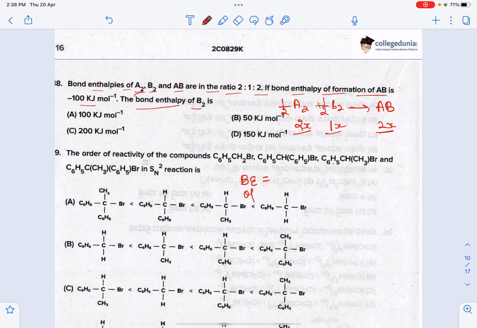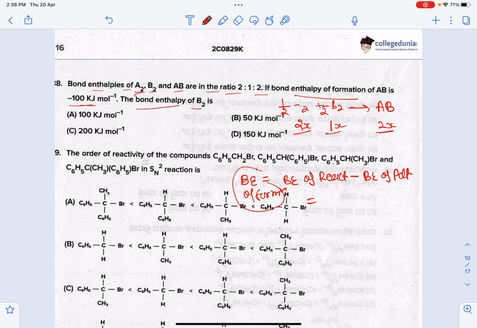The bond enthalpy of formation is given as minus 100 kilojoule per mole. Just write here minus 100 kilojoule per mole.